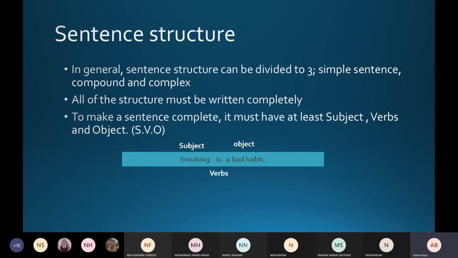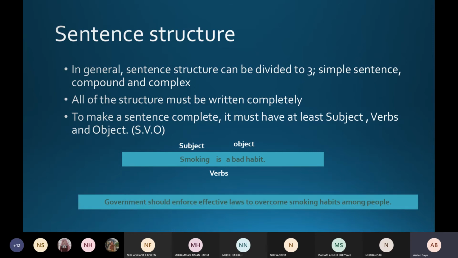Smoking is a bad habit is an example of a simple sentence. It has a subject, verb and object. That is the requirement to be complete. In an email or letter you can write incomplete sentences, but for an essay, it must be complete. Government should enforce effective laws to overcome smoking habit among people.